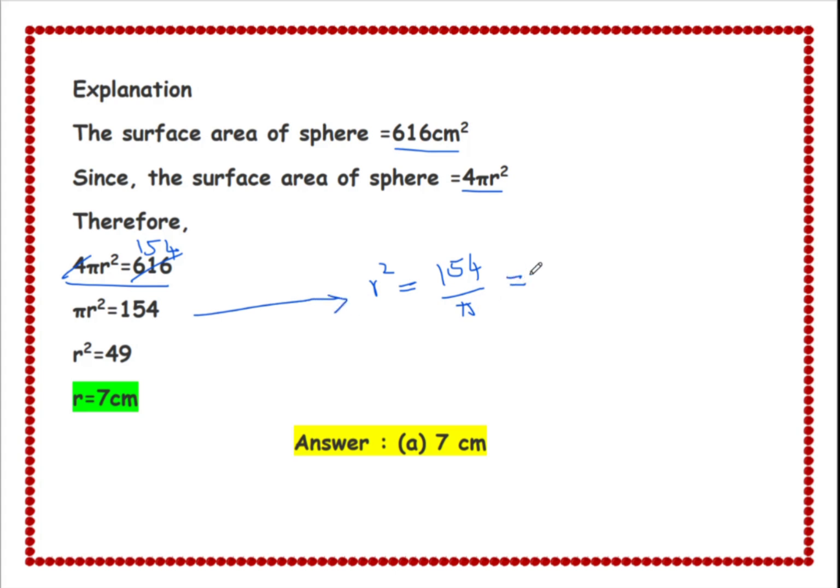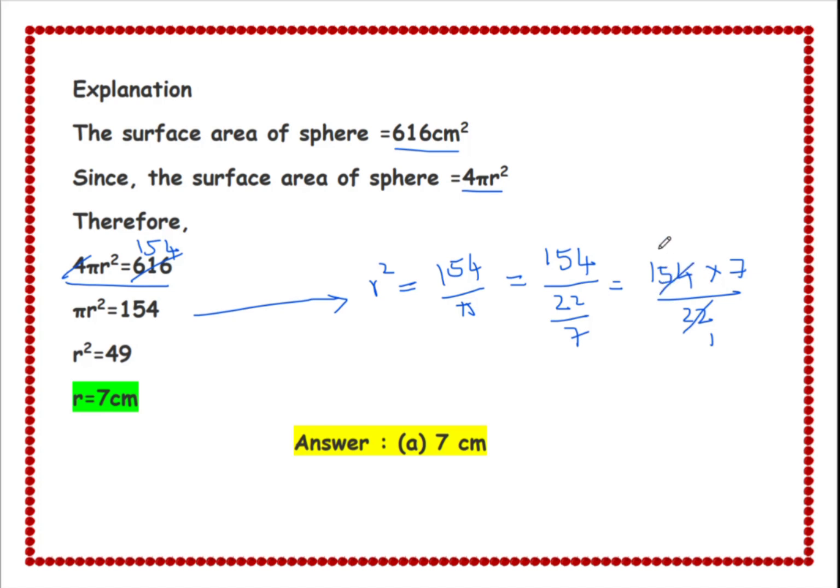Now r square equals 154 divided by pi. Pi value is 22 by 7. Now we get r square equals 154 into 7, the 7 will go to the numerator. Therefore, r square equals 154 into 7 divided by 22. 154 divided by 22, we get 7, since 22 times 7 is 154.